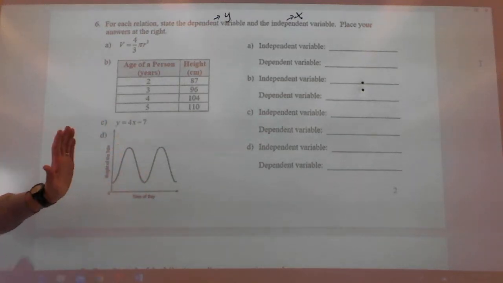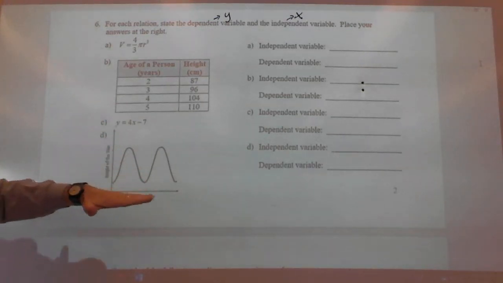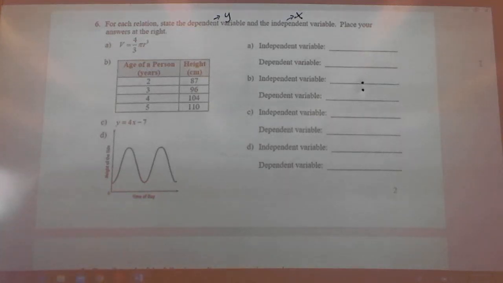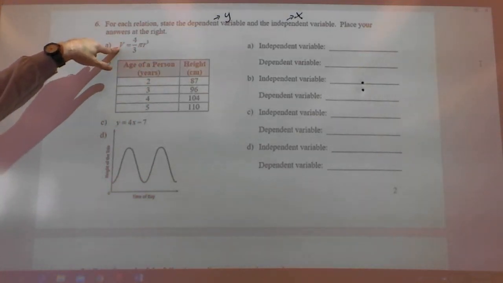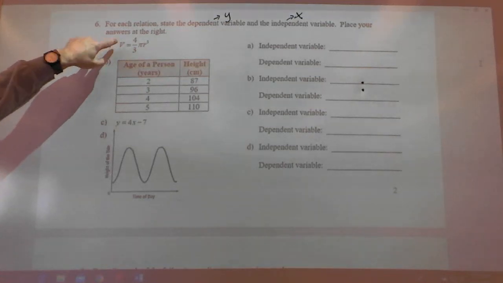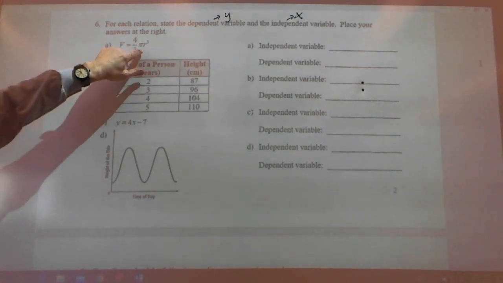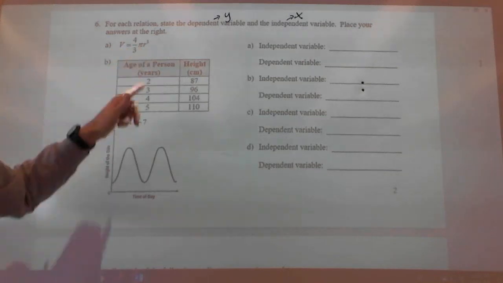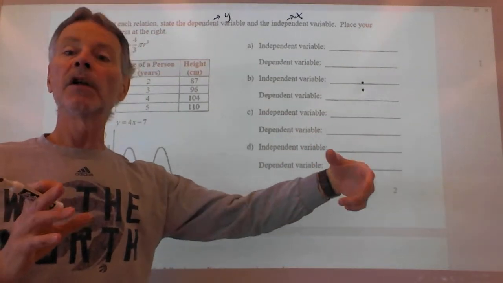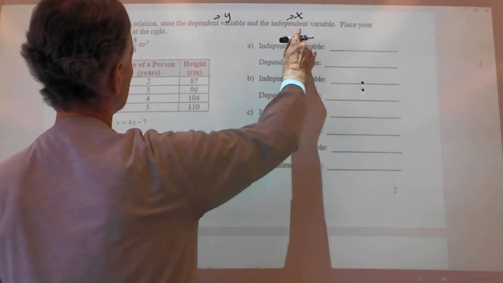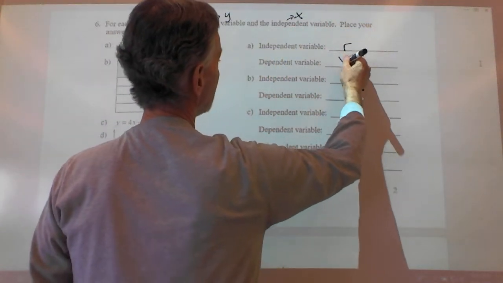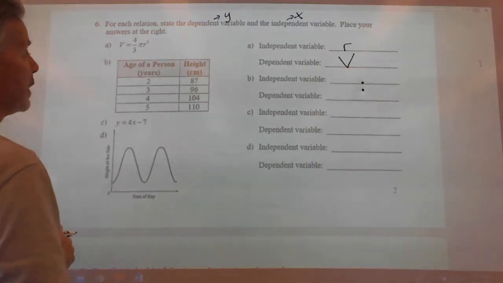In each case, y is dependent, x independent. Since the volume depends on the radius, as the radius gets bigger, so does the volume. For A, our independent is R, our dependent is V.